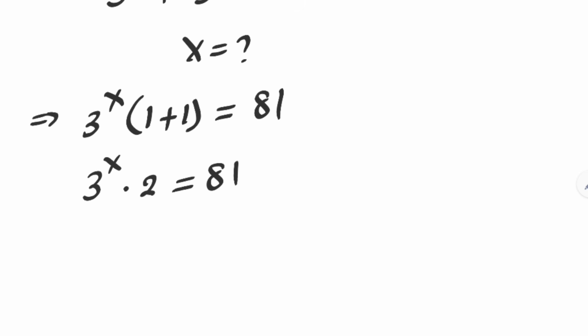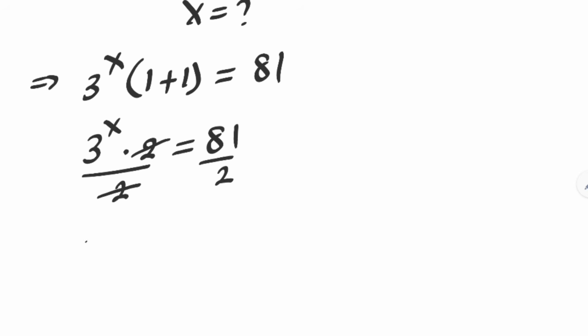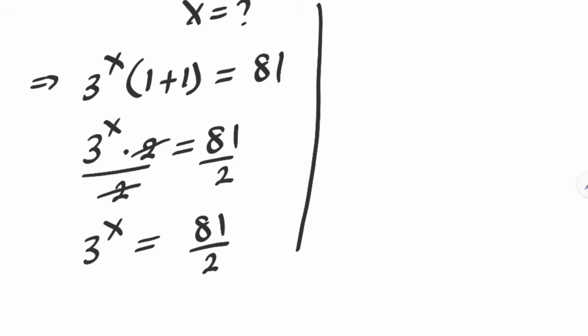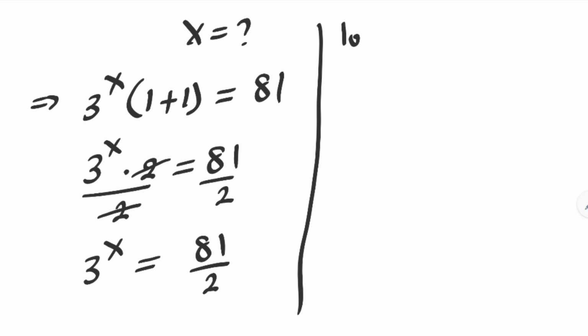Now here, let us divide both sides of this equation by 2. This divided by 2 and this divided by 2. These two cancel these two. 3 raised to the power of x is equal to 81 divided by 2. Let us take the log on both sides of this equation. We have log 3 raised to power x is equal to log 81 divided by 2.